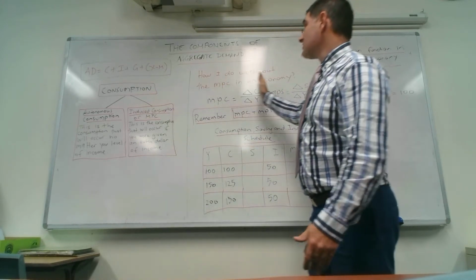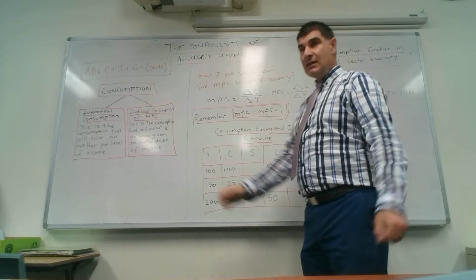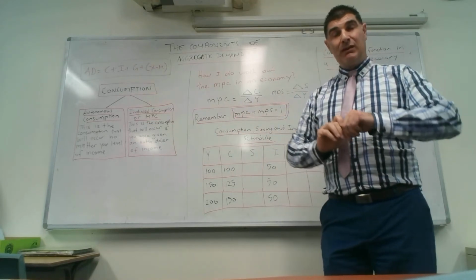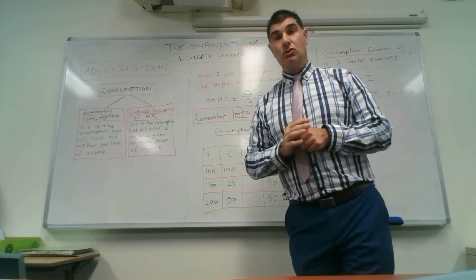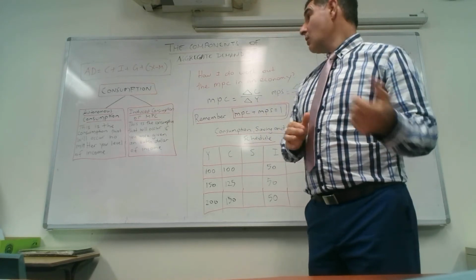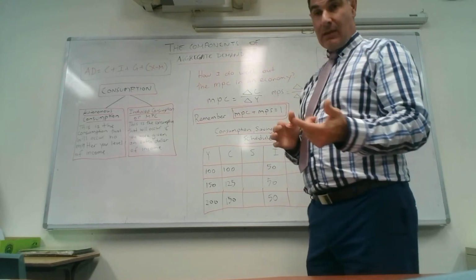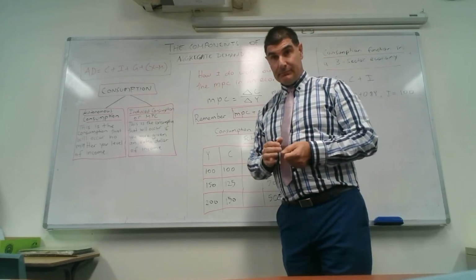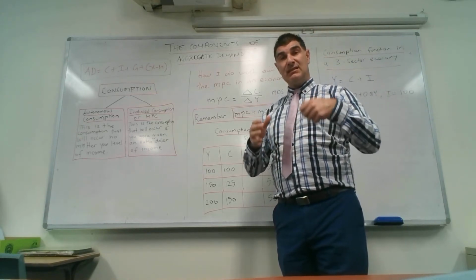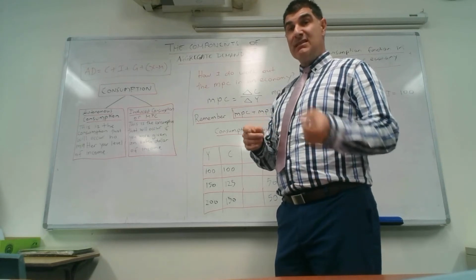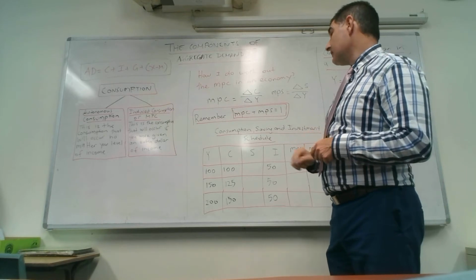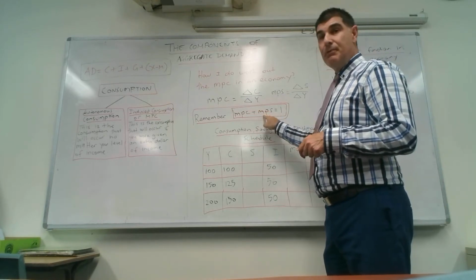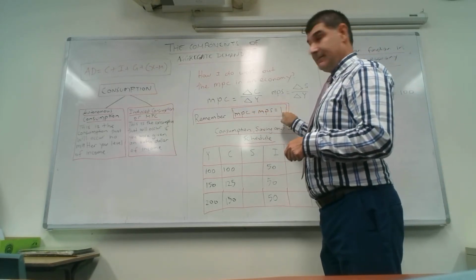I'm going to move you across over here now, because you're going to find a situation where you're given a whole series of figures and you're going to be asked to work out the MPC or the MPS. Now remember, if your MPC is 0.8, your MPS is 0.2, because this formula needs to be remembered: MPC plus MPS equals 1.